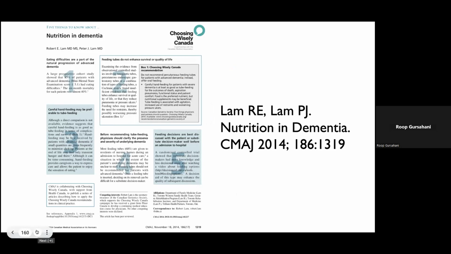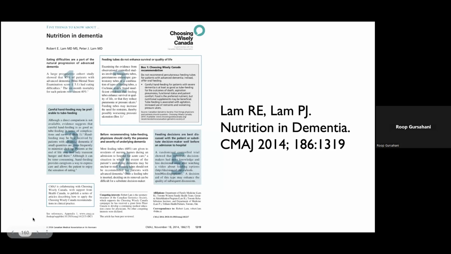Contrast this, if you remember, in the last lecture, I showed you a case of motor neuron disease where we put in a PEG very early. So this becomes almost like a dichotomy in people who have movement problems, where eventually it is affecting swallowing, but they are mentally intact. The PEG gives them up to about 6 months, maybe even a year of extra life because it avoids aspiration.